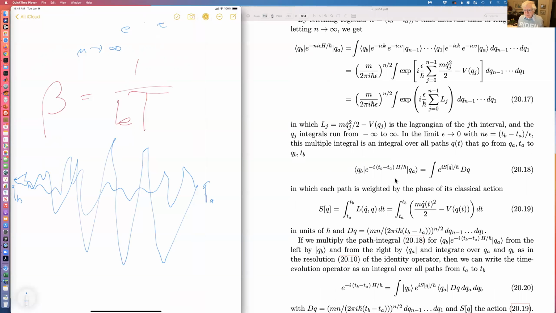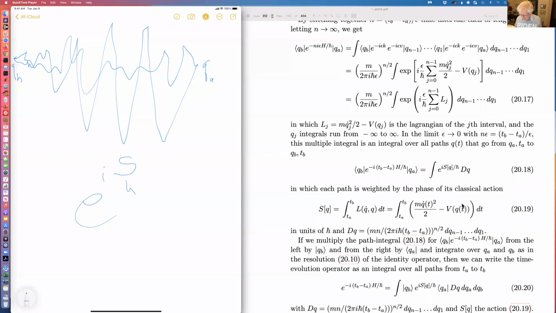And now what is each path weighted by? It's weighted by this phase factor. And the phase factor, what you can see is that it's this kinetic energy minus the potential energy. Well, that's what we call the Lagrangian. And so the weighting factor is e to the i, the classical action of the process, divided by h bar.